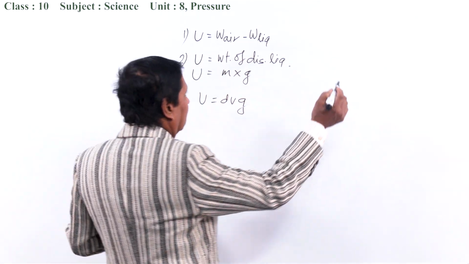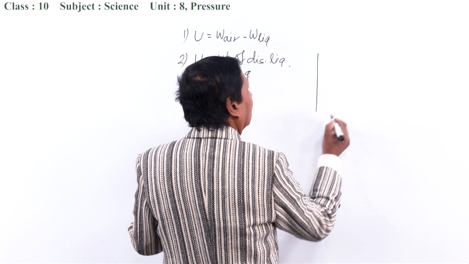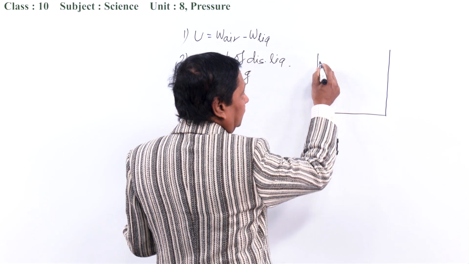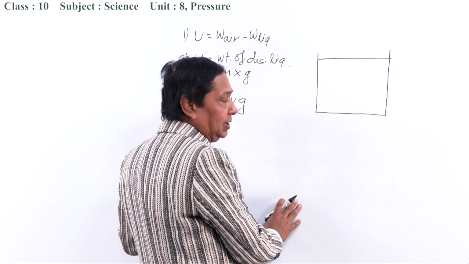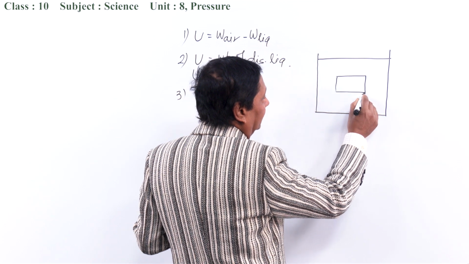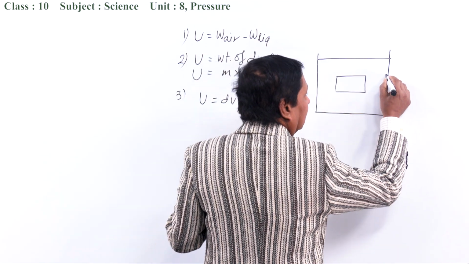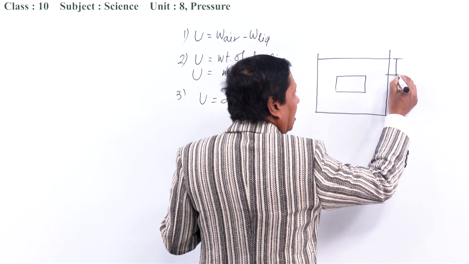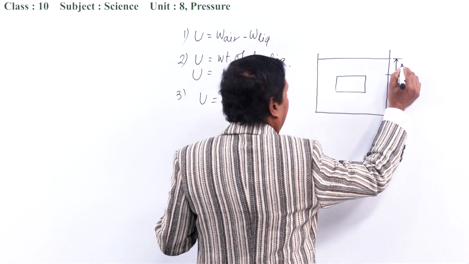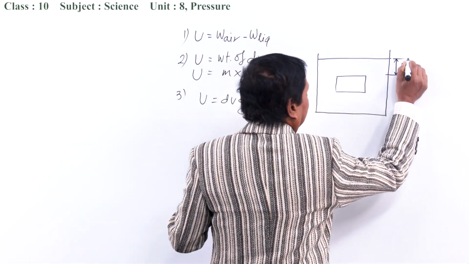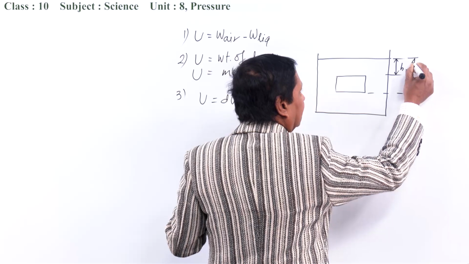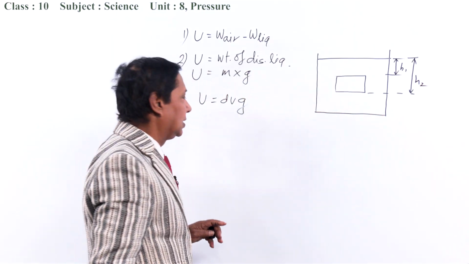Let's say we have a liquid in this container. This is the upper surface of the liquid, and a body is immersed in it this way. The depth of the upper surface of the body from the surface of the liquid is, let's say, H1, and the depth of the liquid up to the lower surface of the body is, let's say, H2, isn't it?